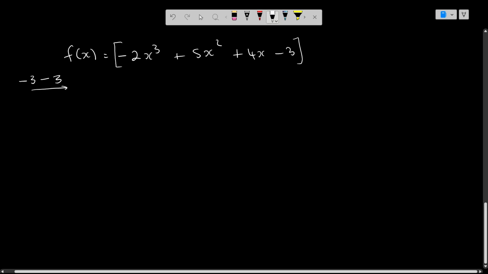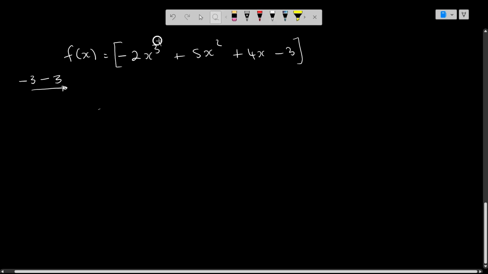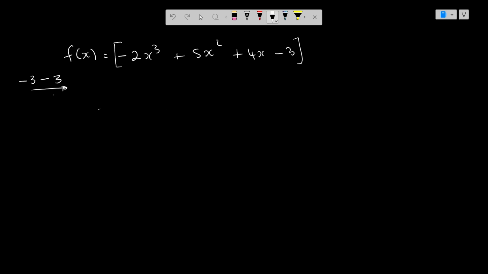Then you check negative 3: if you plug in negative 3 in place of x, does it give you 0? If you plug in negative 2, does it give you 0? If you plug in negative 1, and so on, until 3. If they do not give you 0, then you check others, but in most cases it will be from negative 3 to positive 3.